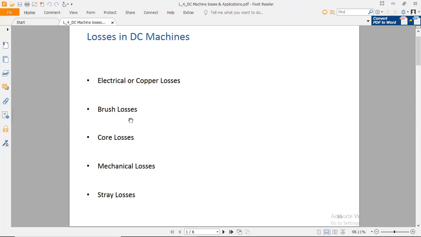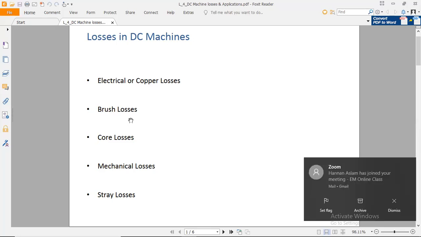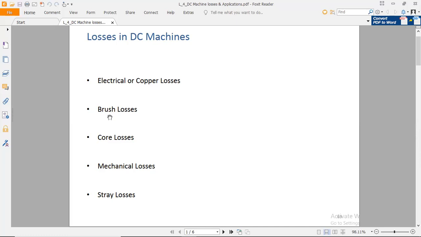Brushes are the part by which electricity is provided or taken. We call a brush the part by which we provide electricity to the DC motor or DC generator. Core losses are also one of the important aspects of this topic. Then mechanical losses and stray losses. These are the main aspects of losses which we will study in today's topic.